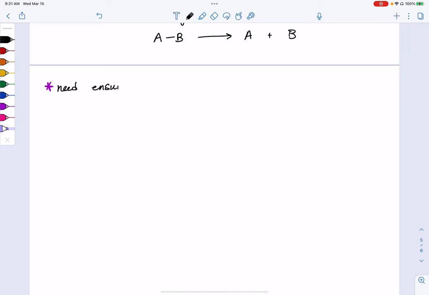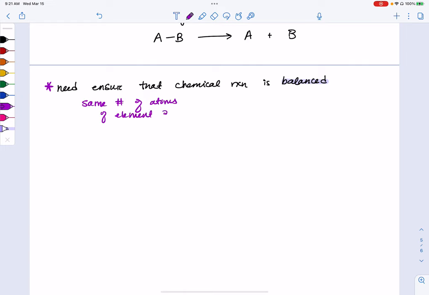We need to ensure that a chemical reaction is balanced, meaning that we have the same number of atoms of a given type, the same number of atoms of a particular element at the start of the reaction as we do at the end of the chemical reaction.